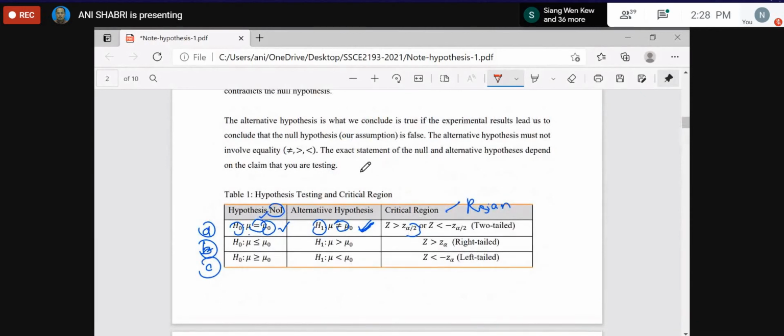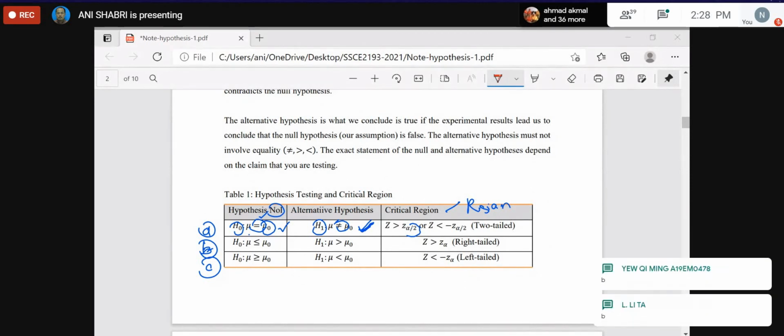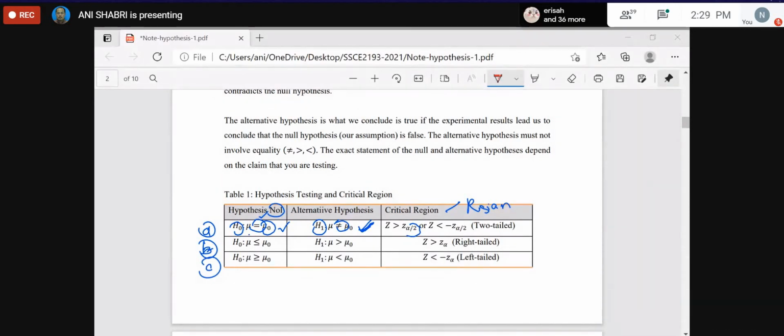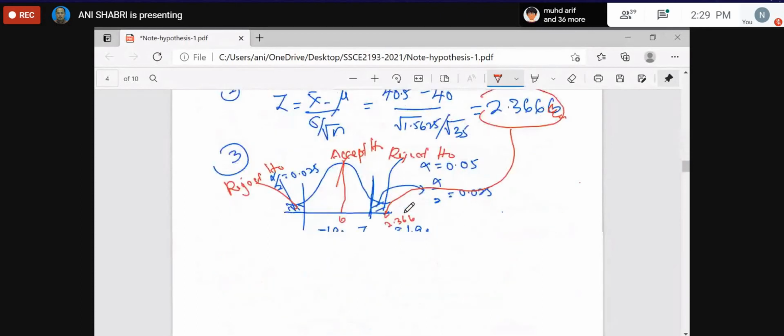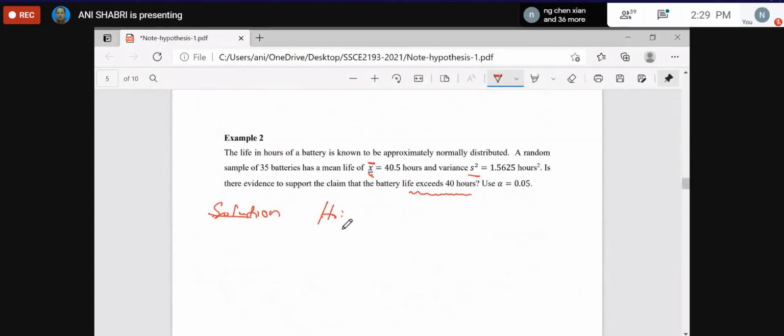Exceeds, so number B. For the hypothesis, just look at the alternative, which is greater than. First write H0: mu less than or equal to 40, against H1: mu greater than 40, which exceeds 40. That is step one.